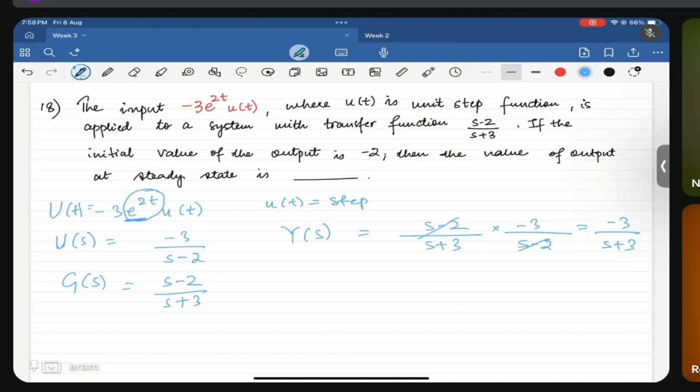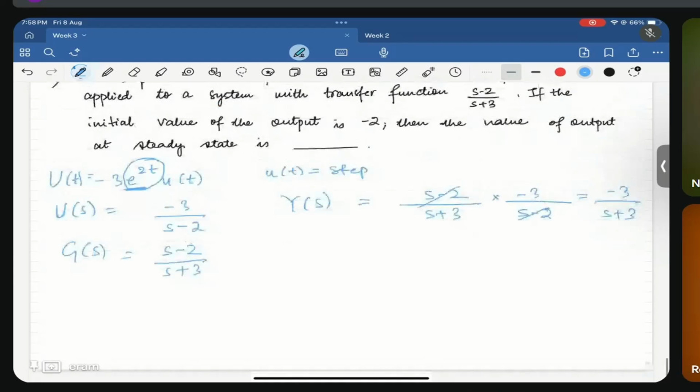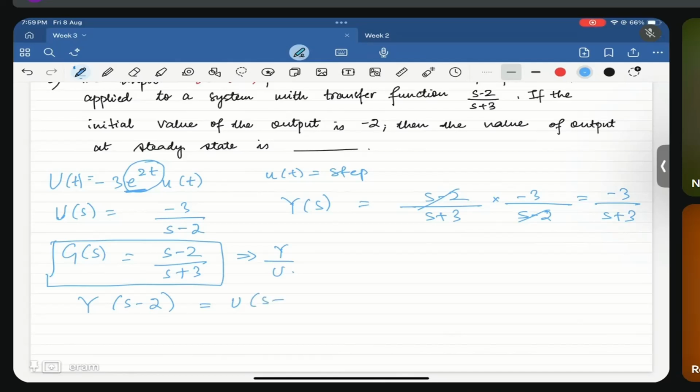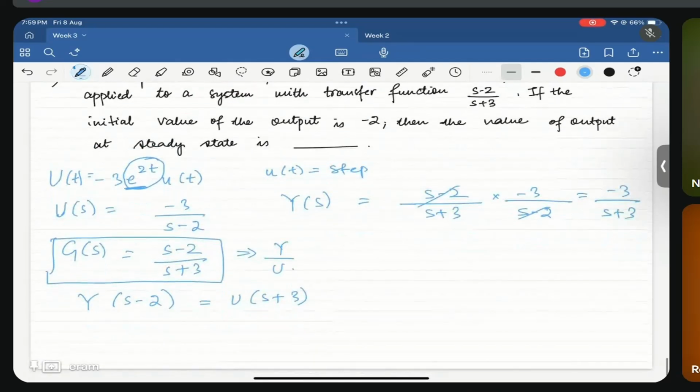Now, okay, the thing is, this transfer function is given when the initial condition is assumed to be 0, okay? So this is equal to Y by U. So Y into (s minus 2) equals U into (s plus 3), okay?